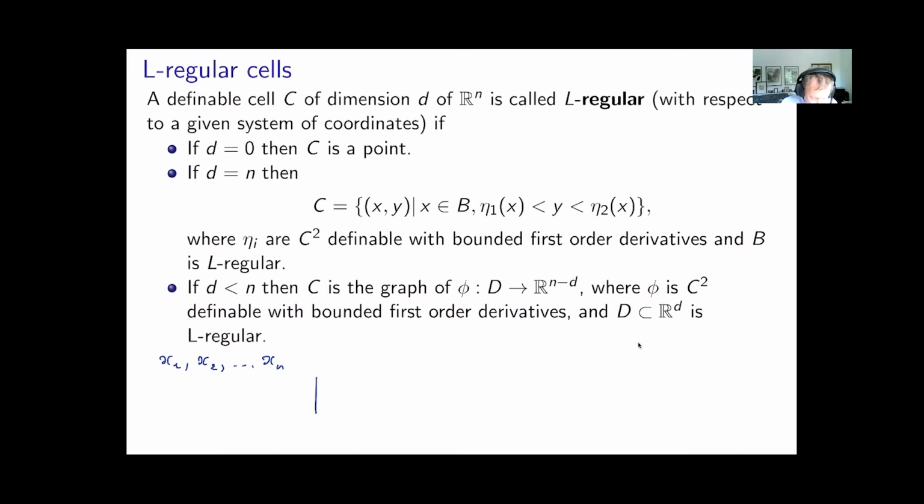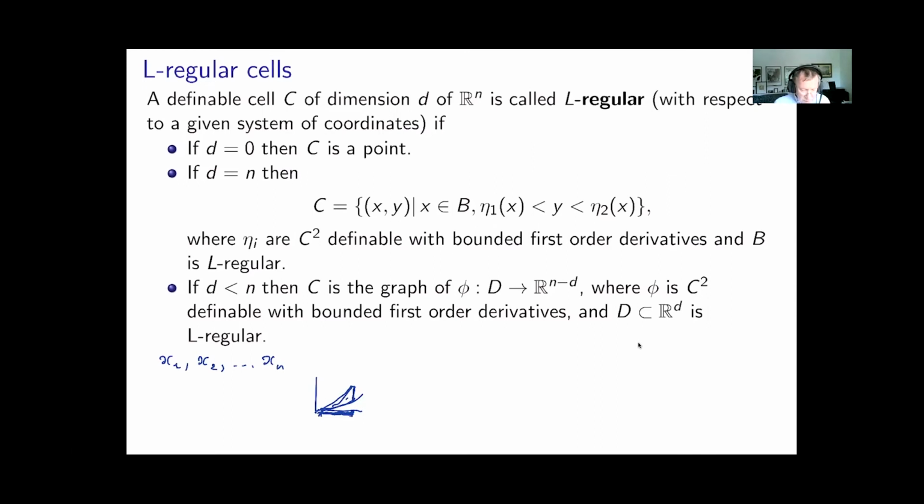You start with one cell, which is just an interval on the line, and then you build the horn over it, and so on.